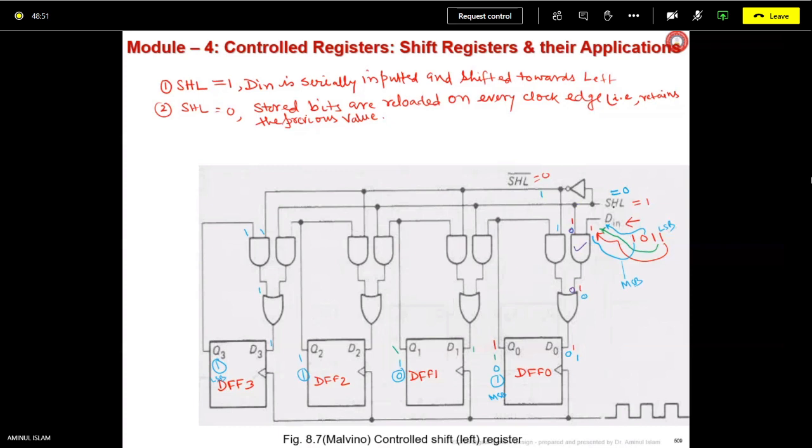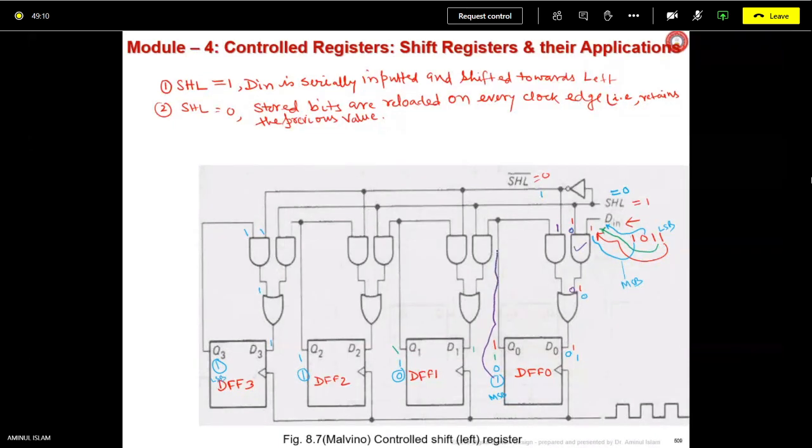SHL equals 0, so its complement is 1 here. Is it understood? This one is 1. Now this one was storing 1, the previously stored value.